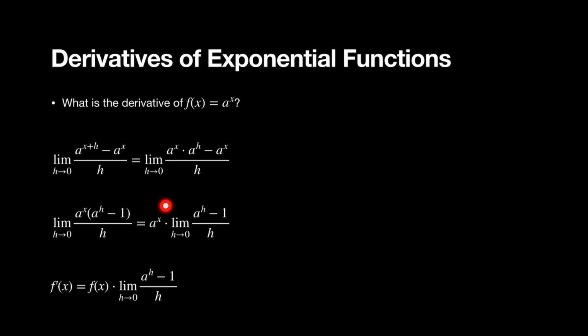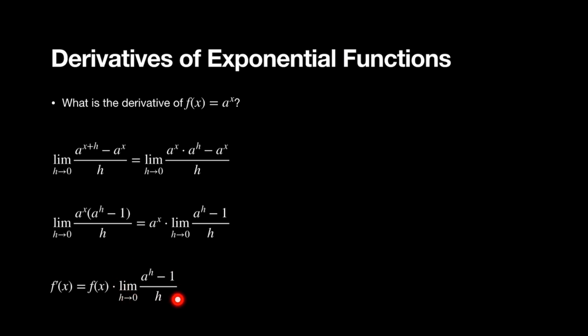That a to the x, that first piece in this product, is actually the original function. So what this is telling me is that my derivative, f prime of x, is equal to my original function times this limit, h goes to 0, a to the h minus 1 over h.